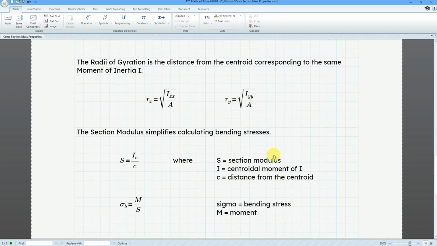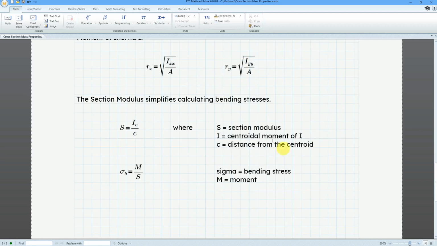And one last quantity to be aware of is the section modulus. The section modulus helps us calculate our bending stresses. And the section modulus is going to be equal to the moment of inertia divided by the distance from the centroid to the outermost fiber.